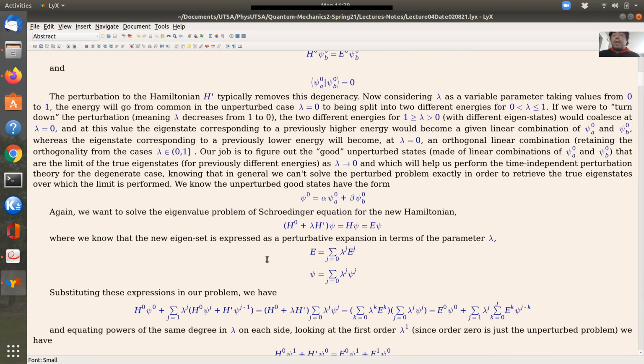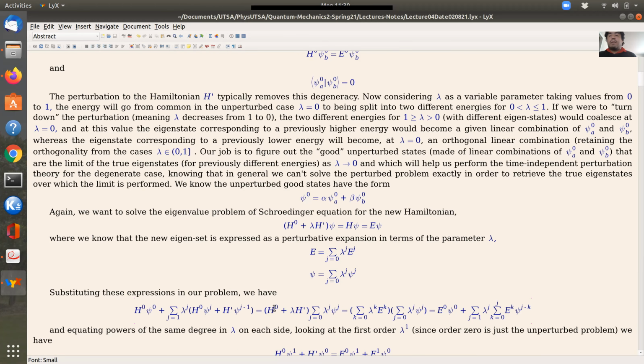We do the same treatment of perturbation theory, where we expand the energies in terms of corrections of different order in lambda. The lowest order will be related to E naught, the unperturbed energies, and likewise for psi, the order 0 will be related to the unperturbed eigenfunctions. We do a substitution as we did for the previous case.